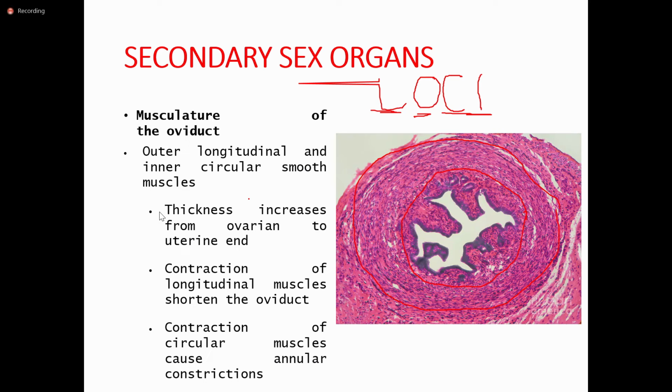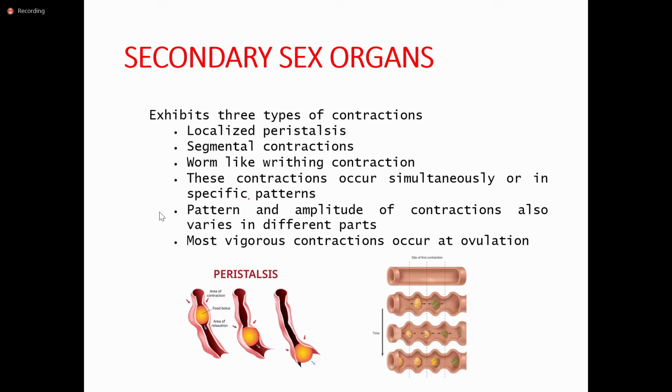Yun. Okay? And in terms of the musculature, similar with the smooth muscle in the gastrointestinal tract, meron din tayong mga contractions na nangyayari, like we have the peristalsis or the localized peristalsis. Pardon for the picture because I grabbed this in a digestive physiology. Look at this one, the food bolus, but it has the same mechanism as with the oviduct.